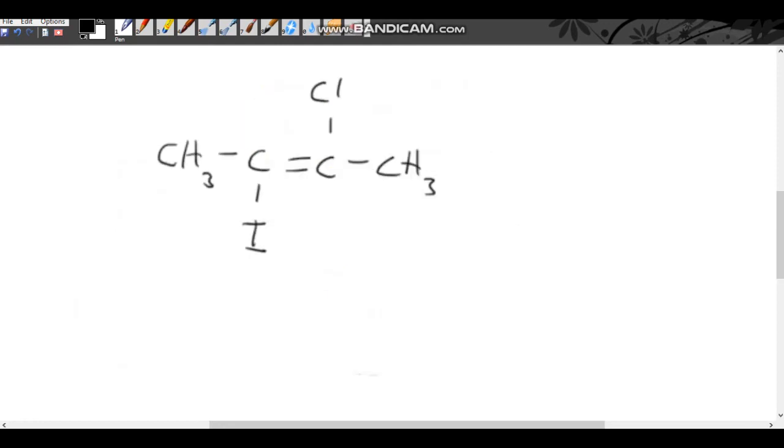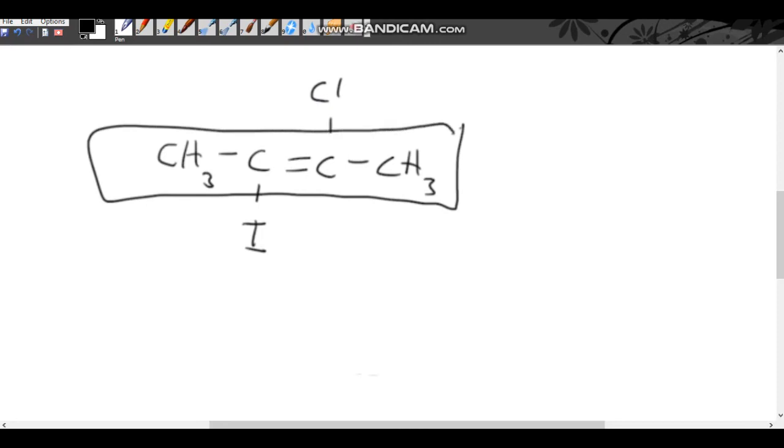Okay, what about this one? So first, we have our longest chain here, and we know that we also have a double bond and 2 side chains, chlorine and iodine.